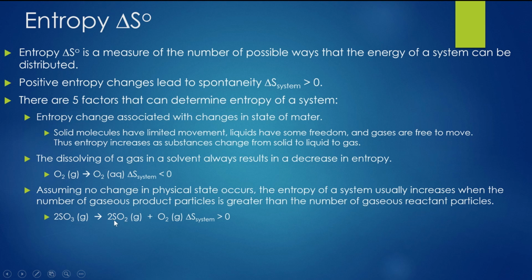And on the product side, we have 2 moles of sulfur dioxide and 1 mole of oxygen. Because we now have 3 moles of gas on the product side, but only 2 moles of gas on the reactant side, we're going to have a positive entropy. More gas particles means more ways to distribute the energy, so that's a positive entropy.